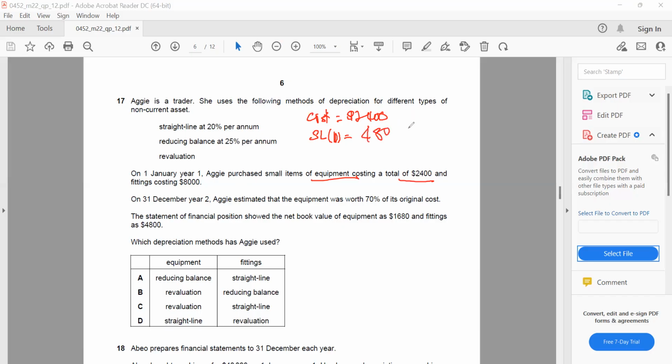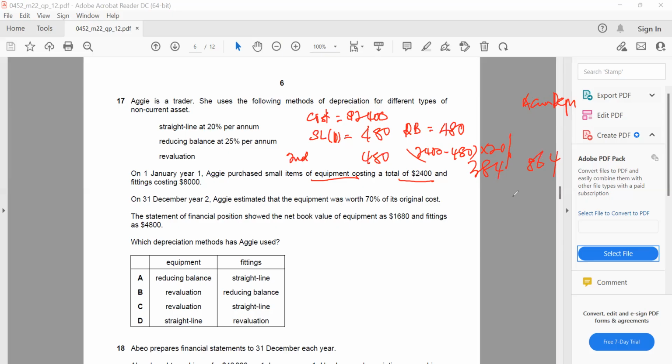If I use the reducing balance, first year will be the same. Second year, this one will change. We'll take 2,400 minus 480 times 20%. So we get 384. So the accumulated depreciation, we have these two amounts, plus 480, we get 864.